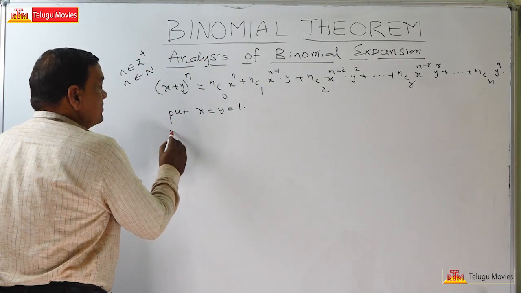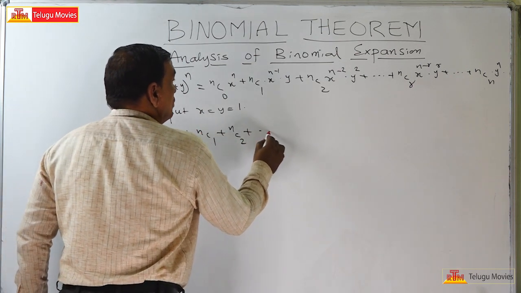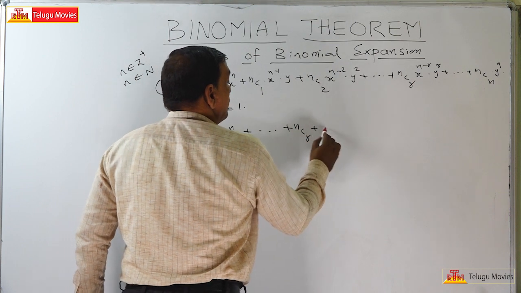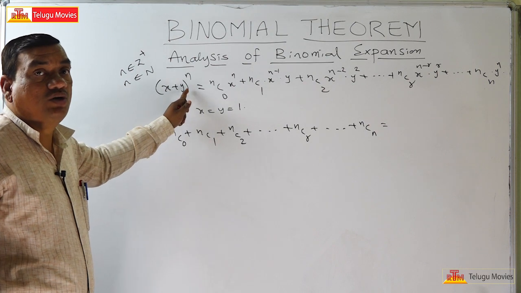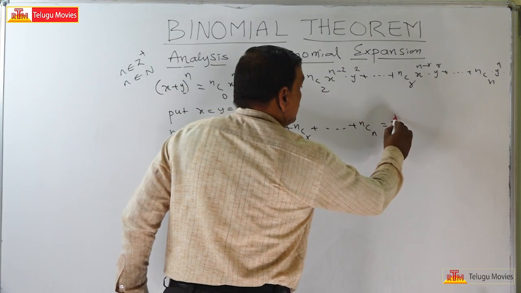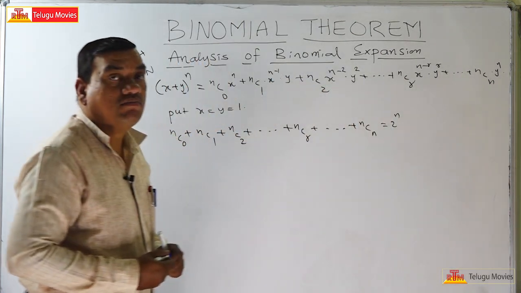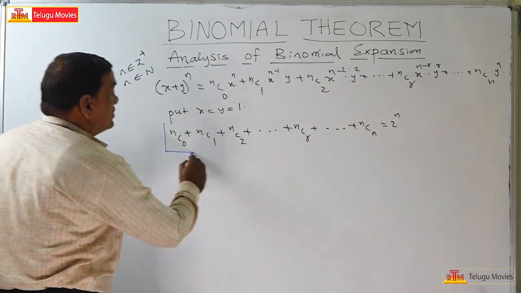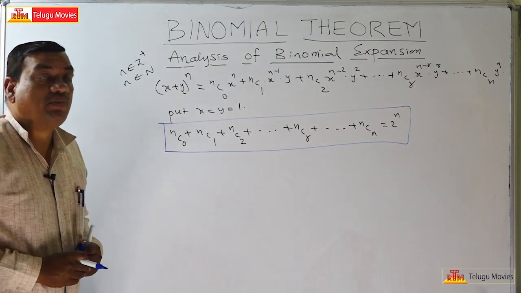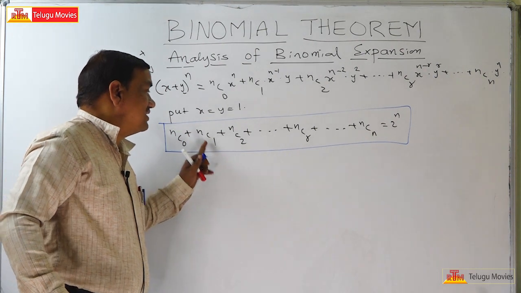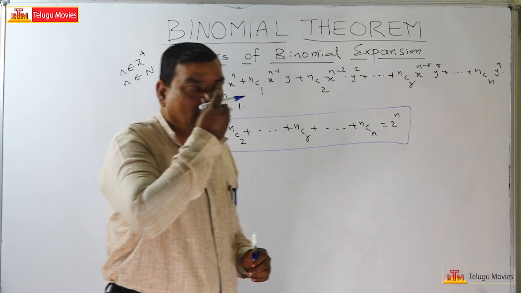That means nC0 plus nC1 plus nC2 plus so on nCr plus so on nCn is equal to 1 plus 1, that is 2 to the power of n. So this is one formula. This is called the sum of the binomial coefficients: nC0 plus nC1 plus nC2 plus so on nCn is equal to 2 to the power of n.